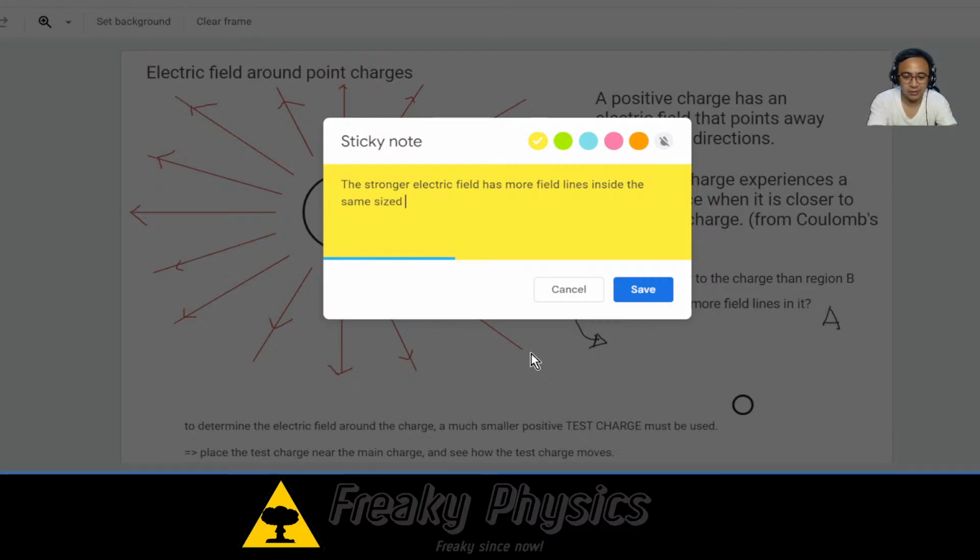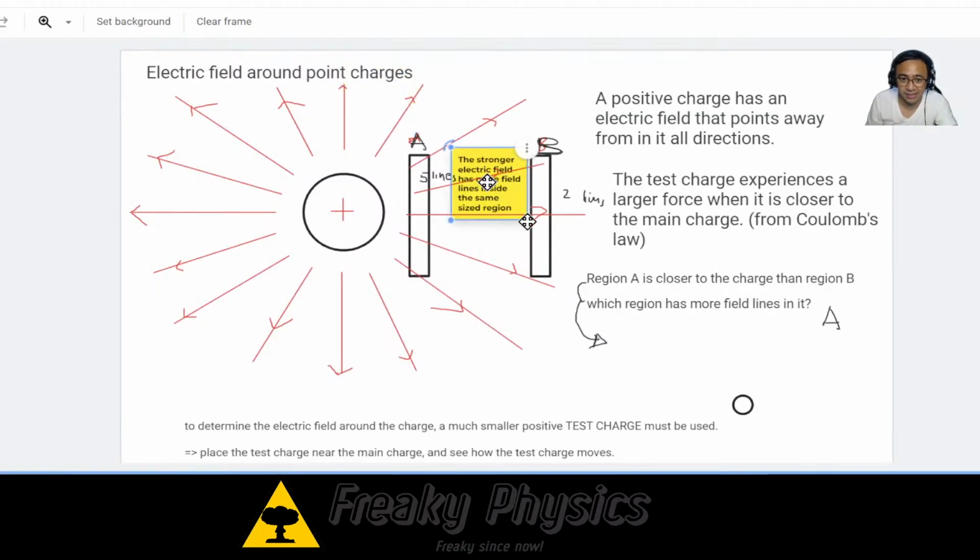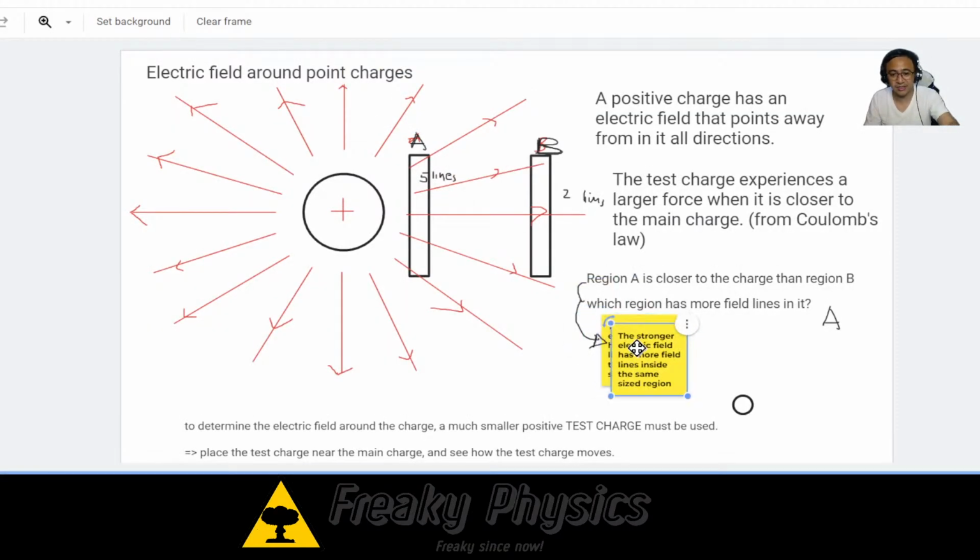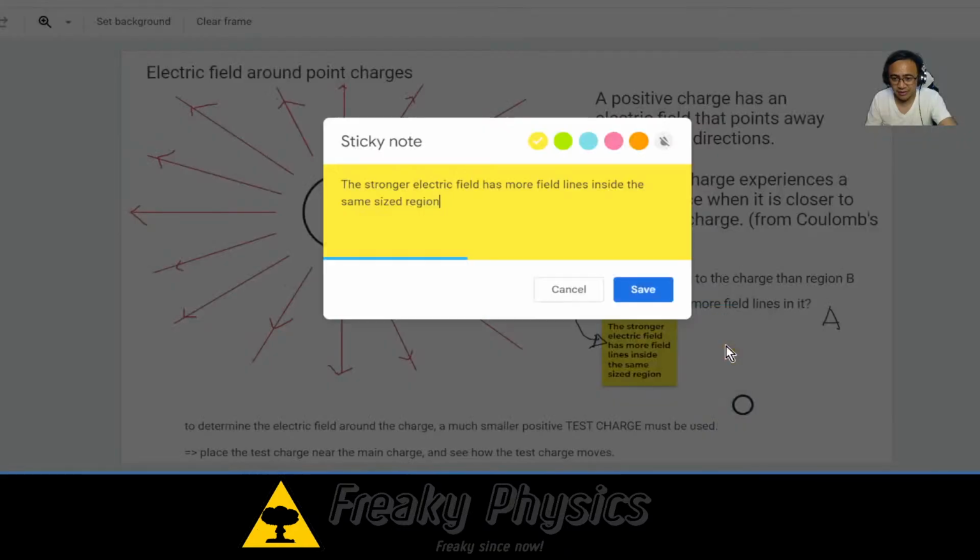Okay, now I'm gonna say it in a different manner. The stronger electric field has a higher density of field lines. Density of electric field lines.